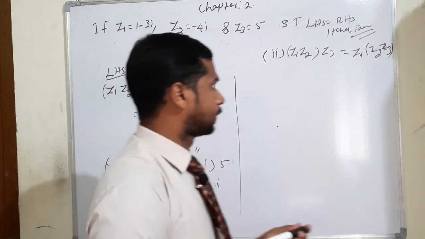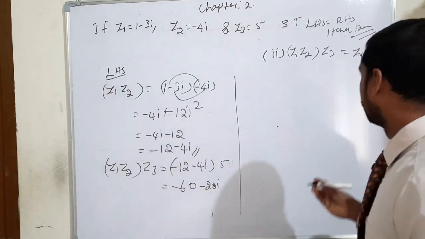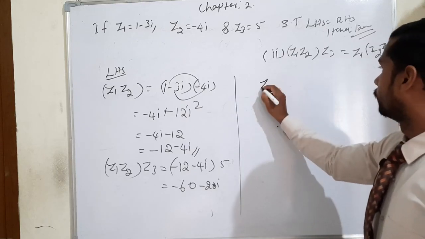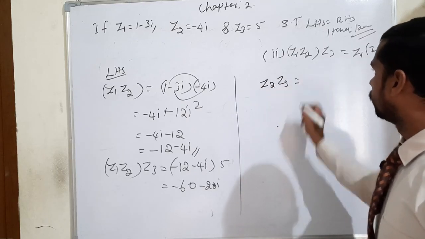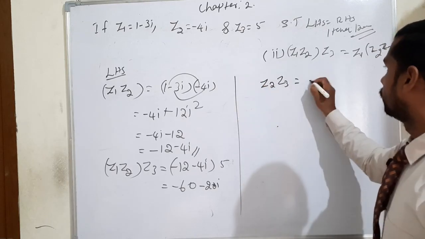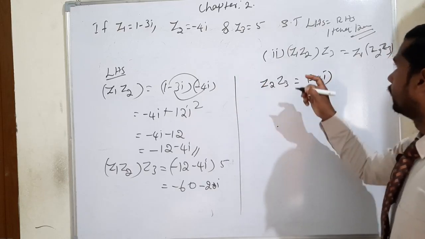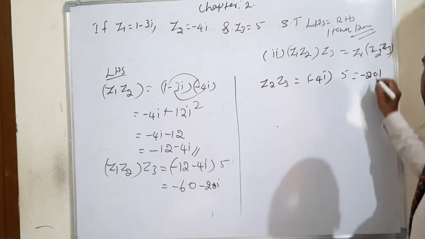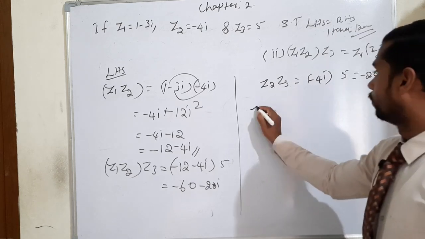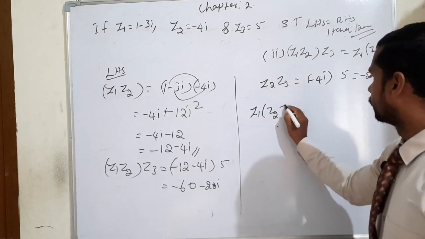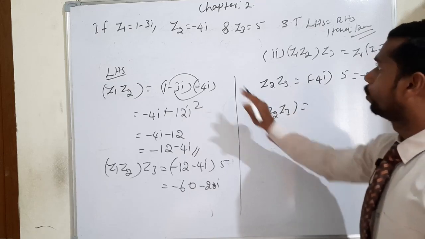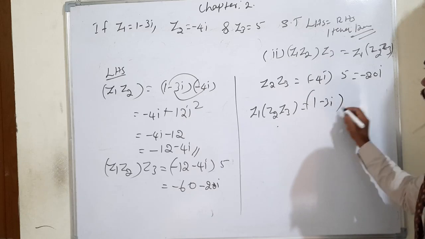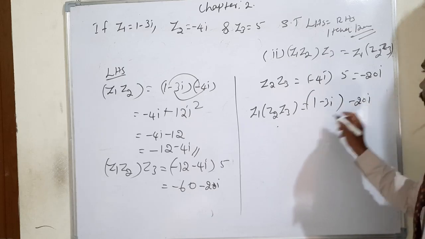Moving to RHS. What is RHS? First you have to solve the bracket term. So z2 into z3, where z2 is minus 4i and z3 is 5, that is minus 20i. Therefore z1 into z2 z3: z1 is 1 minus 3i, then minus 20i.